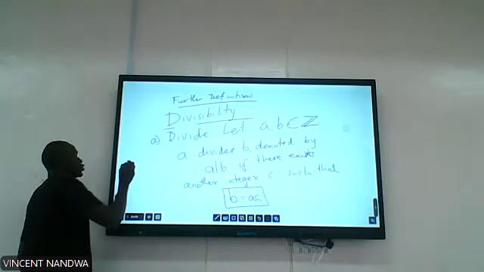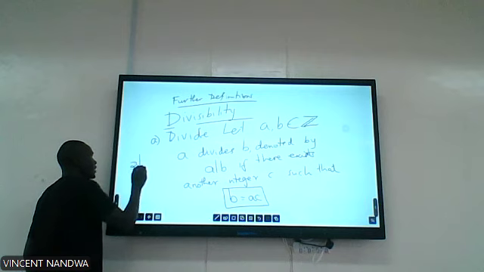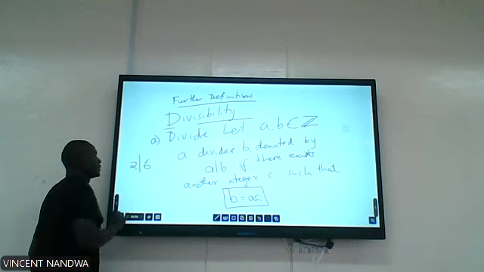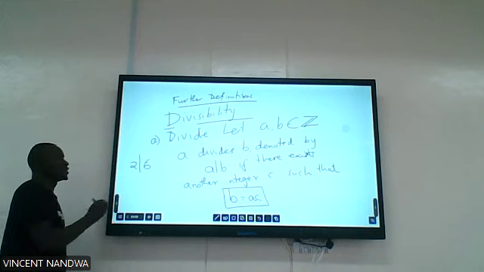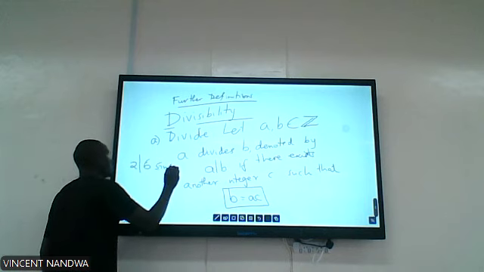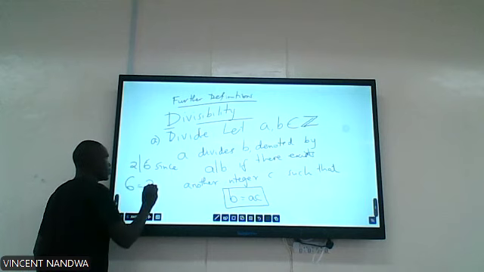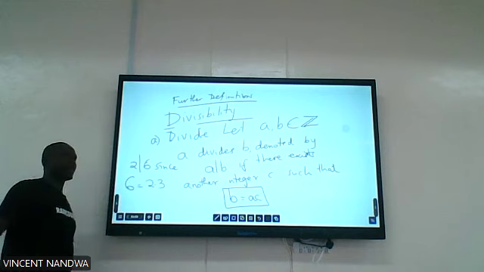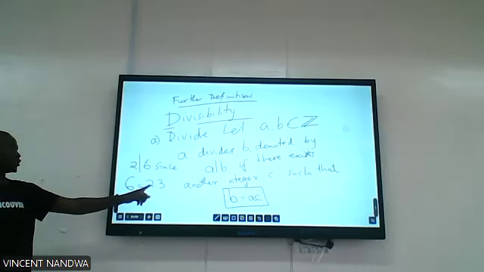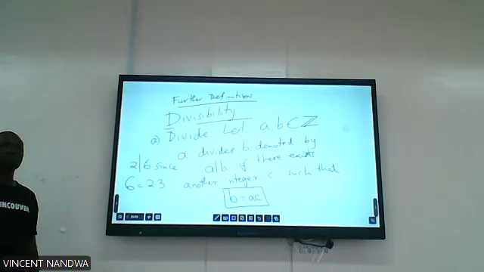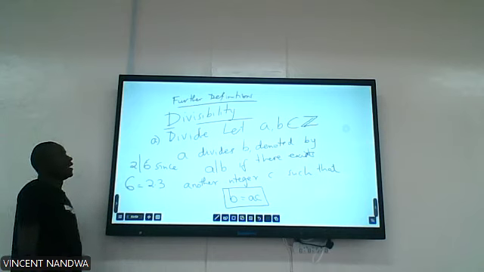So for example, I can say 2 divides 6, since 6 can be written as 2 times 3. Now, this doesn't mean multiplication, so this is not 2.3, this means 2 times 3.